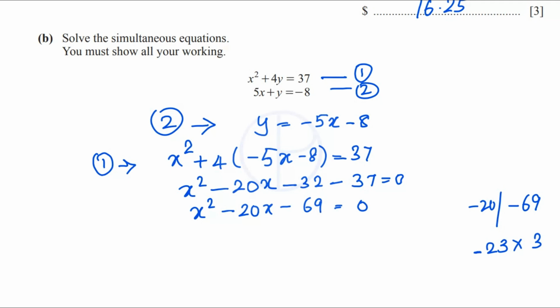Let's put a negative sign here. So x minus 23 multiplied by x plus 3 equal to 0. So x is 23 or negative 3. Because one equation is a quadratic equation, we will get at least two solutions.